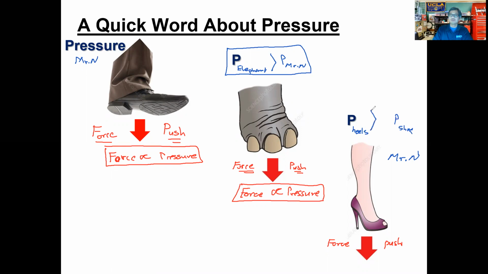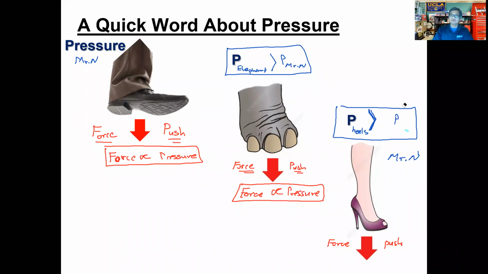Obviously, it will hurt a whole lot more when I step on your foot when I have high heels on than when I have my shoes on. And so the question here is, if the force is the same and the push is the same, what's going on here? What accounts for the greater pressure that you would feel if I step on your foot with heels, as opposed to when I step on your foot with a shoe?